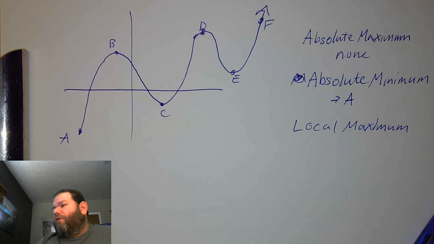Visually, we would think of the local maximum as being at the top of a hill. So not point F. F actually does not fit any of these extreme values because it's a point on an increasing curve. So it doesn't hit an absolute max or min, and neither a local max or min.